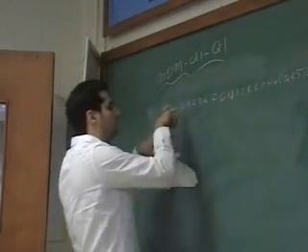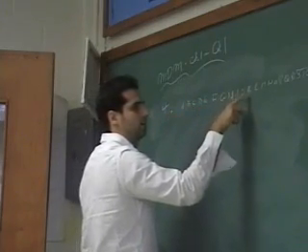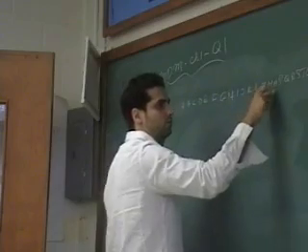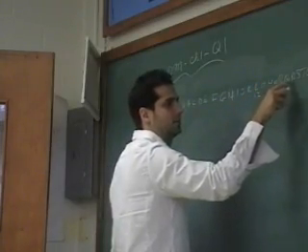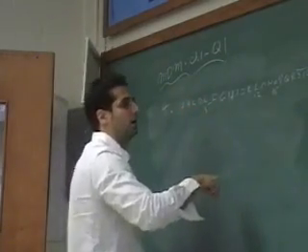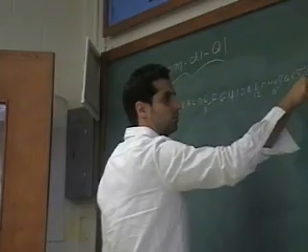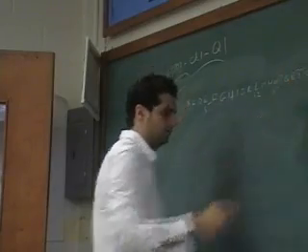1, 2, 3, 4, 5, 6, 7, 8, 9, 10, 11, 12, 13, 14, 15, 16, 17, 18. I missed the E. 1, 2, 3, 4, 5. 20, what do I need, a V? 26, 25, 24, 23, 22. Does that look good?